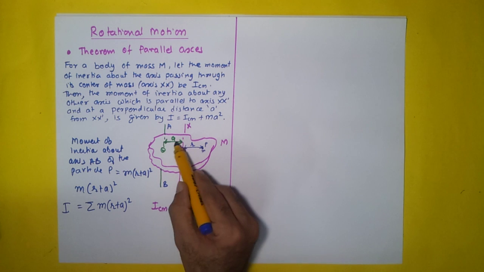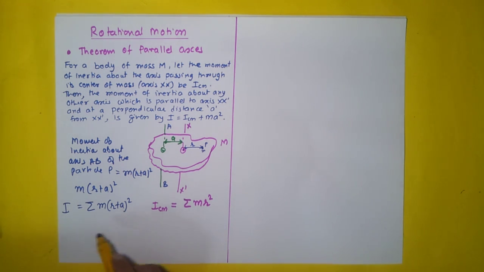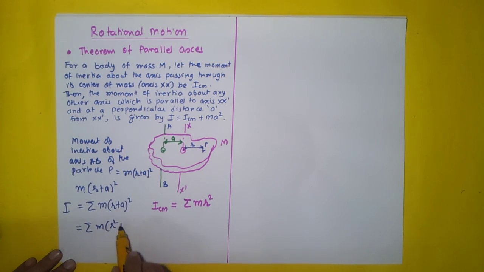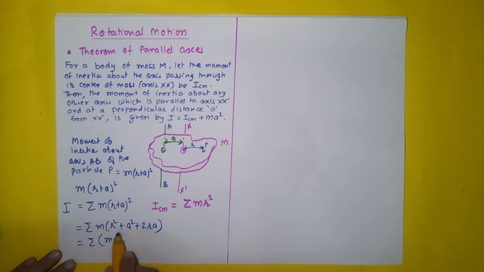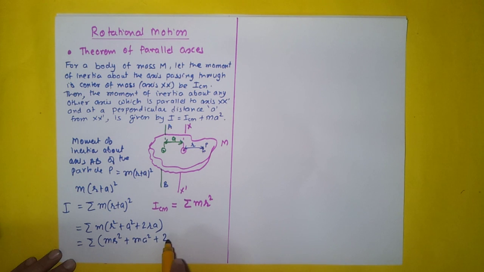A is of course constant, a. And if I open this up, I'll get sigma m into r square plus a square plus 2ra, and this will be equal to sigma m r square plus m a square plus 2m ra.